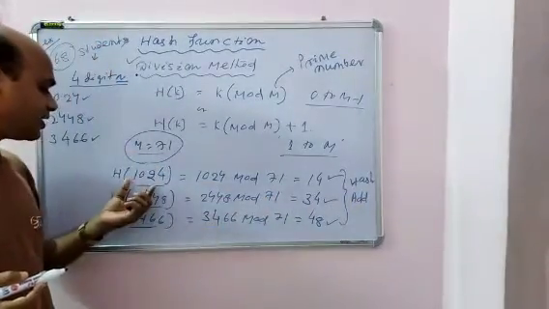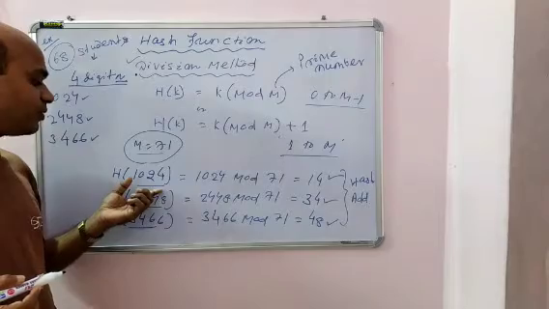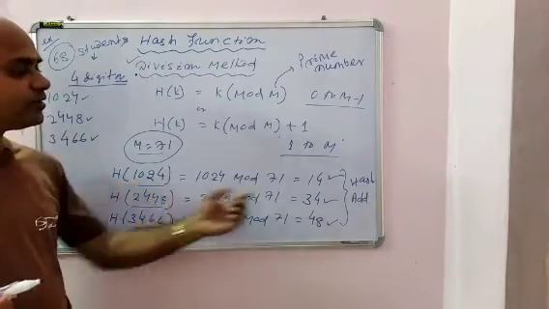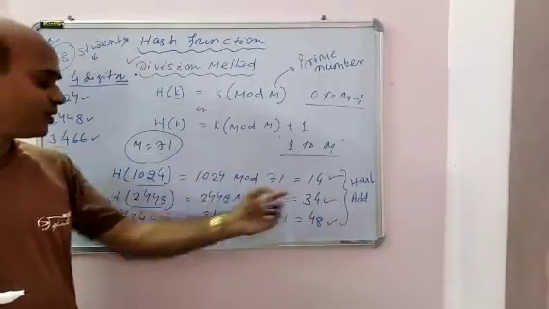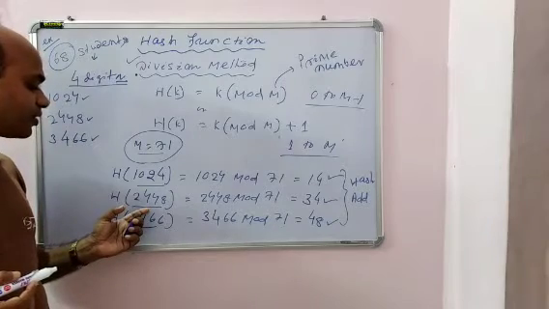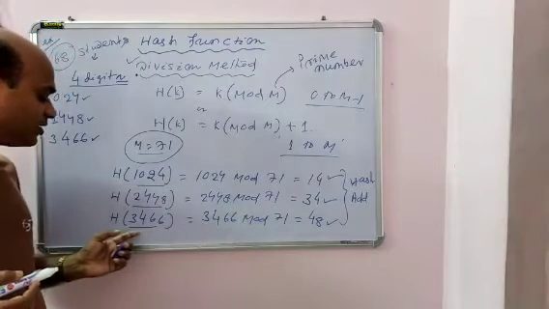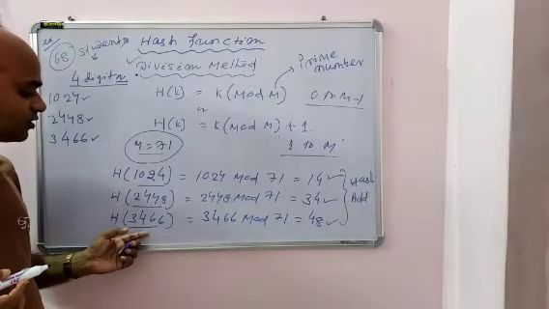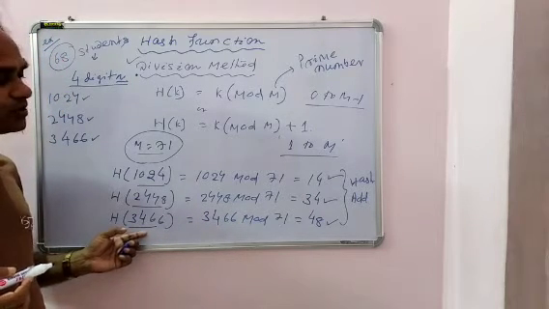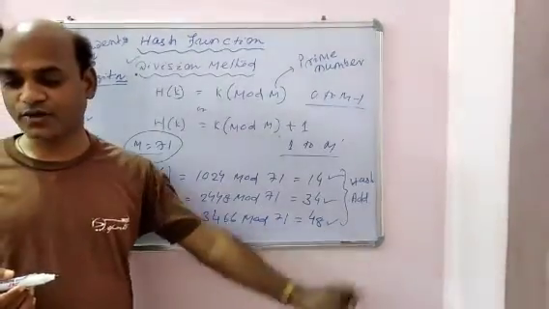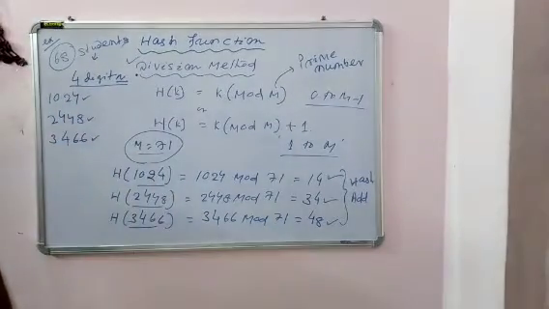The information for the student with roll number 1024 is stored at hash address 14, roll number 2448 at 34, and roll number 3466 at location 48.